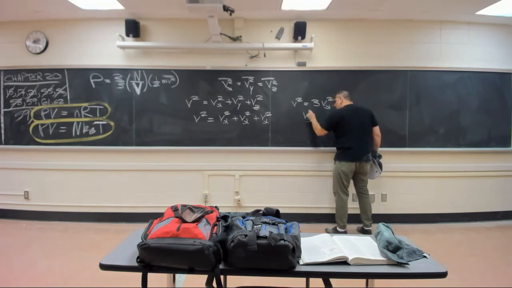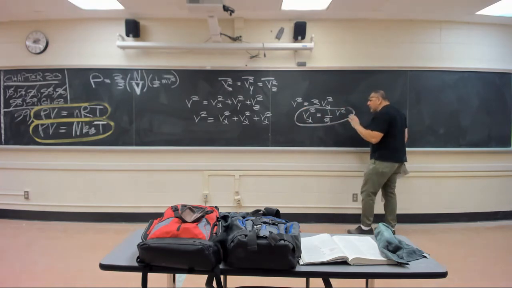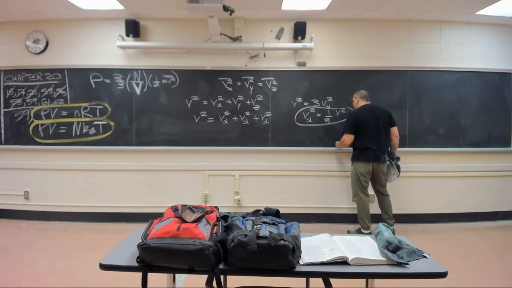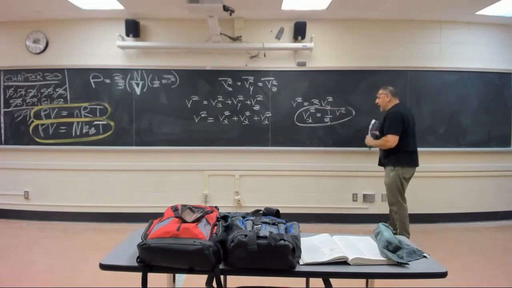The Vx squared was 1/3 V squared. The average square of the Vx is 1/3 the average square of the velocity component in any direction.